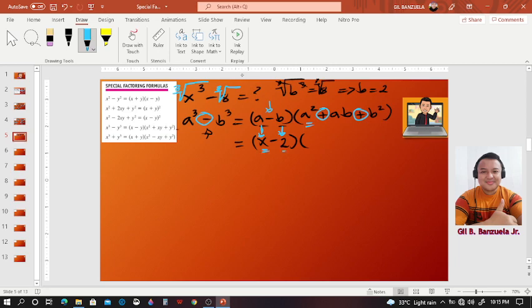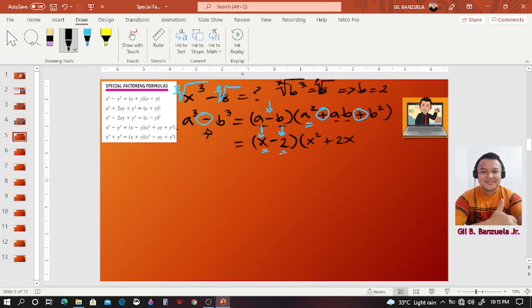So all a must be replaced by x and all b must be replaced by 2. So we have a squared, and since a is x, therefore I have here x squared, then automatically plus. Then let's get the product of a and b. Your a is x, your b is 2, so x times 2, that is 2x.